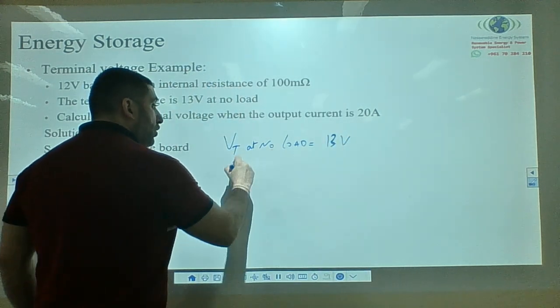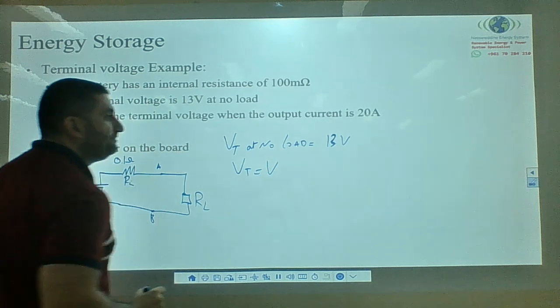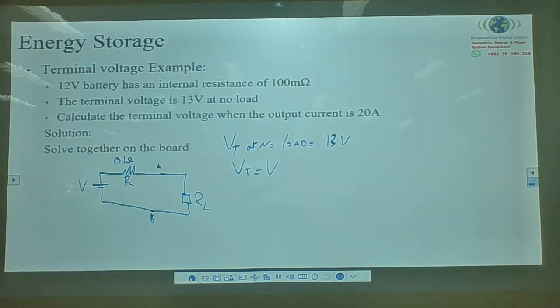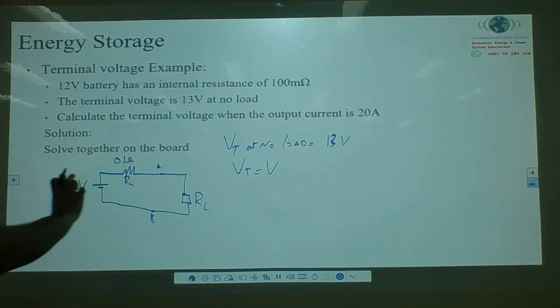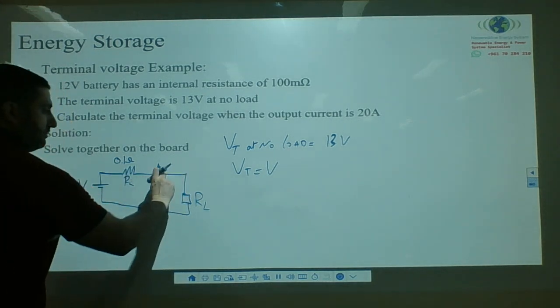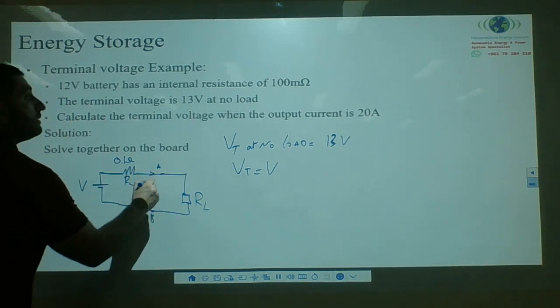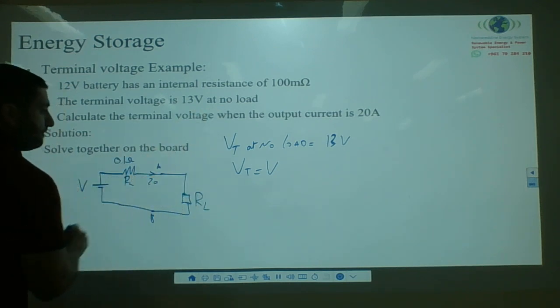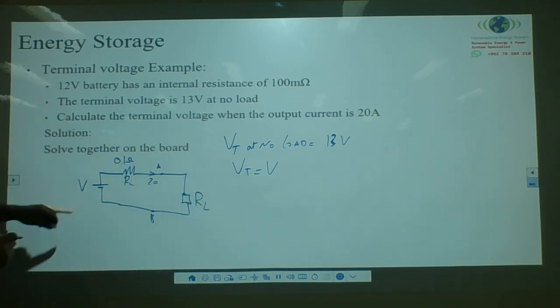We know at no load, V terminal is equal to V. We just spoke about it. At no load, this terminal has no R. So now, when I have 20 amps, this internal resistance is fixed. So now I know it's 13 volt.